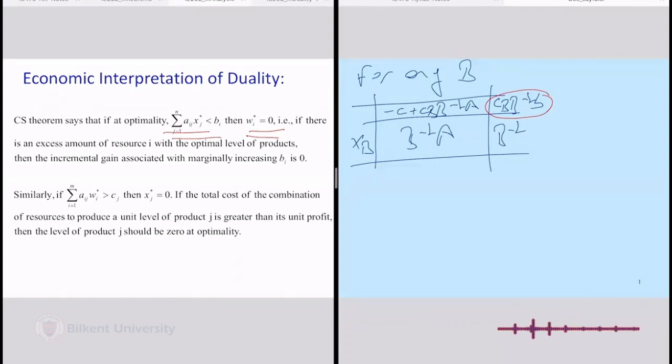If there is an excess amount of resource i, then the associated price for that resource should be 0, because I'm not using it anyway. From the other way around, from the dual's perspective, if what the entrepreneur is giving me is larger than what I'm going to get as my profit, I'm definitely not going to produce anything. So my xj will definitely be 0. So this is the economic interpretation of the CS conditions also.